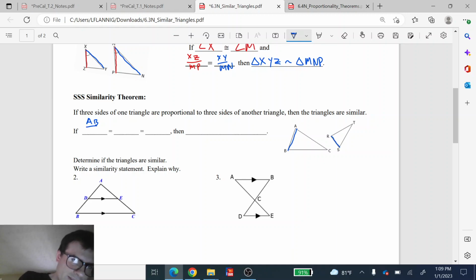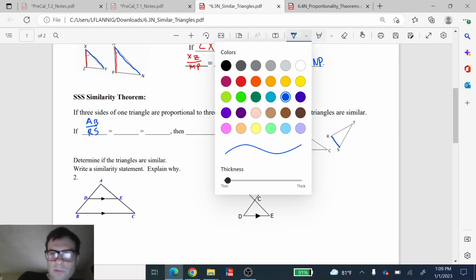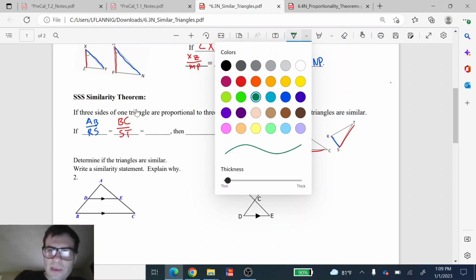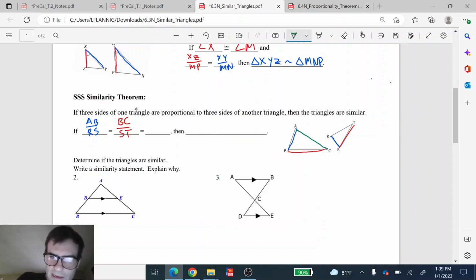Then we'll go to red, and we know that BC and ST are corresponding. So BC over ST. And last but not least, we have the green AC and RT. AC over RT. If all those proportions divide and give you the exact same number, we are guaranteed that these triangles are similar.